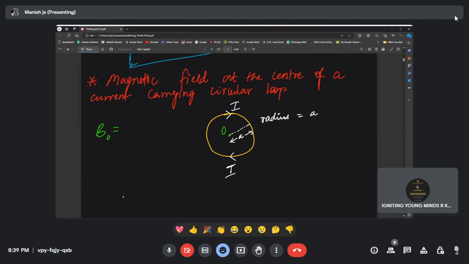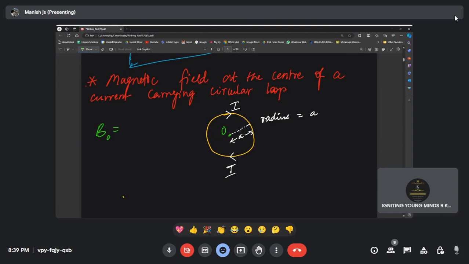Okay, so that is given by the relation. Now here again you can use the Biot-Savart law and you can get the particular relation. According to Biot-Savart law, you know that dB is equal to mu naught by 4 pi I dl sine theta upon r square. That is what we have learned.